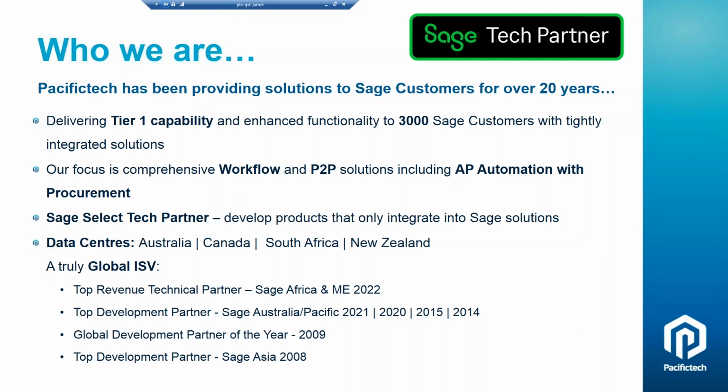For a lot of Sage 300 customers, it's a very important business process. We work purely with Sage, so that's the only ERP that we work with. Down the bottom there, we've got some of the awards that we've won over the years, and we're very proud to be the recipients of those awards.